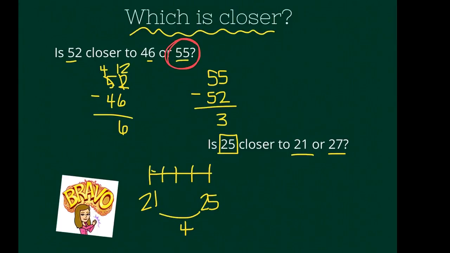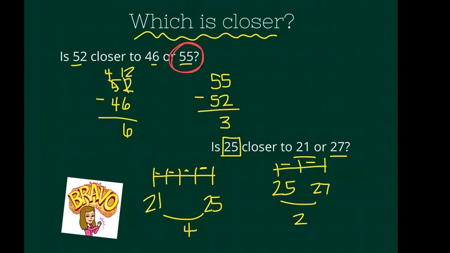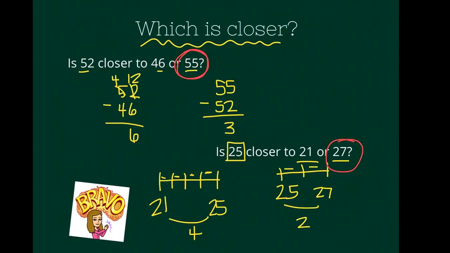Here you could tell with the spaces. Now, when I compare 25 to get to 27, 26 would be in the middle, and that's 2 spots away. Again, with subtraction, I could see that as well. So here I can see that 25 is closer to 27. It was only 2 spots away.